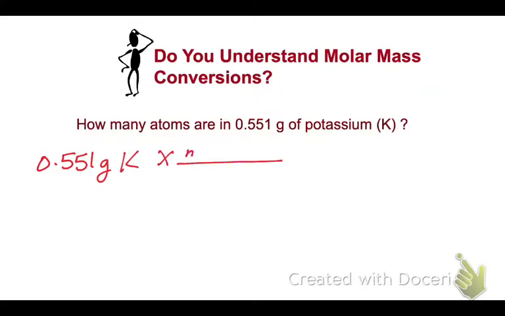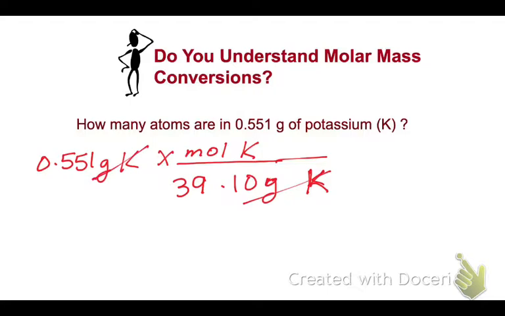So I'm going to have to say 1 mole of potassium has the atomic mass 39.10 gram of potassium. I am sorry, that's meant to be gram of potassium. Okay, so now grams of potassium cancel out and I have moles.